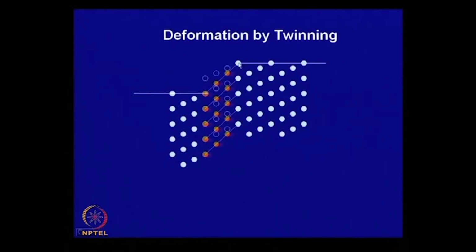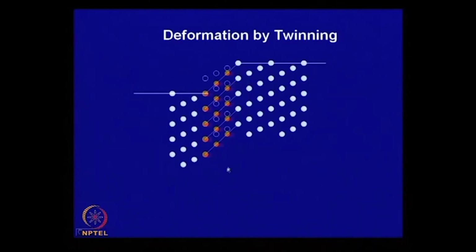Now, look at the atomic arrangement across the plane. If you join these, this is normal, and this distance and this distance are equal. So this is a mirror image, a reflection of this. Exactly the same relationship holds for every part. This atom which is further down here, this distance and this distance are the same.